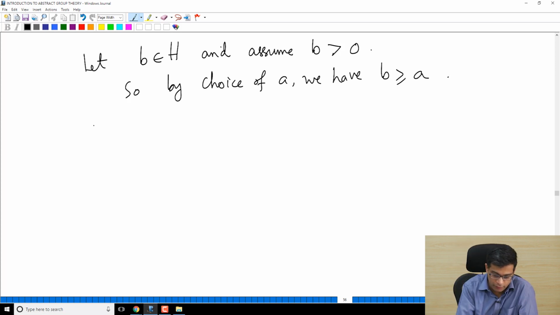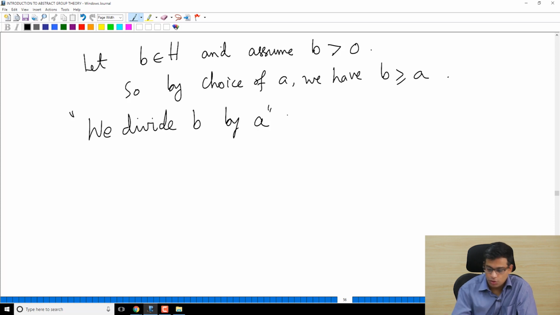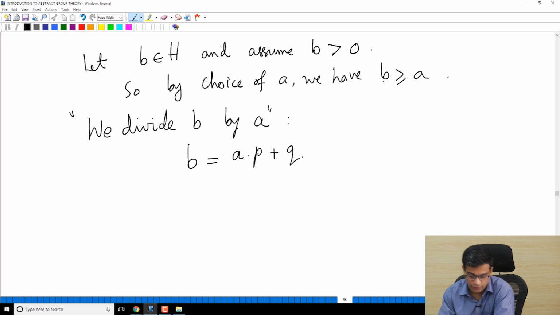So, now we divide B by A. You all know division, what does it mean? If I divide B by A, I can write it like this: B equals A times P plus Q. If I divide an integer by another integer, I will have some remainder. What are the properties of this P and Q?